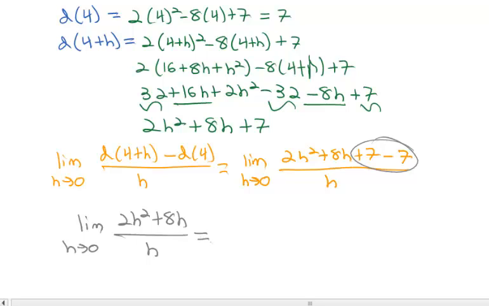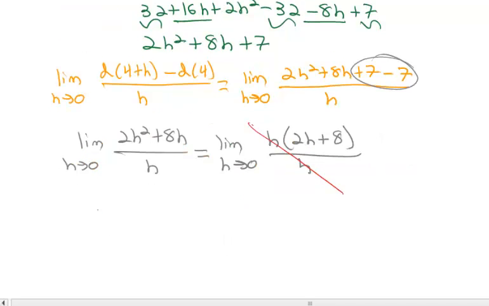Before we can reduce the fraction, we first have to factor out an h. So we now have the limit as h goes to 0 of h times 2h plus 8 all over h. And now that it's a factor, now we can reduce out the h, giving us the limit as h goes to 0 of 2h plus 8.